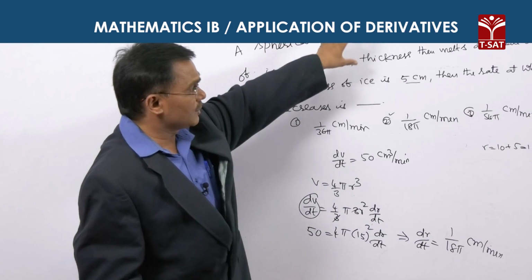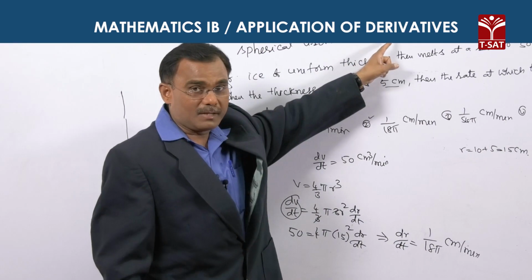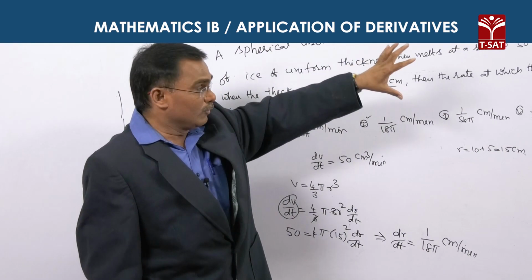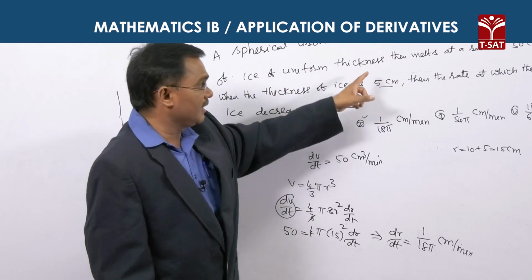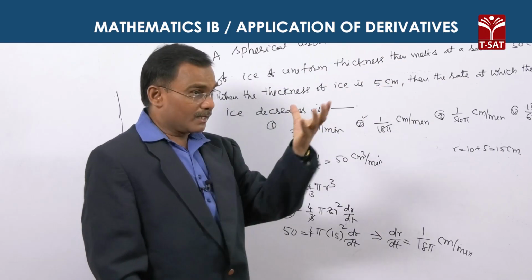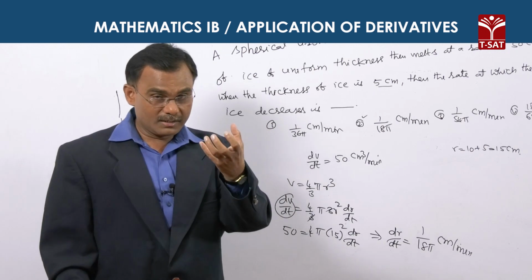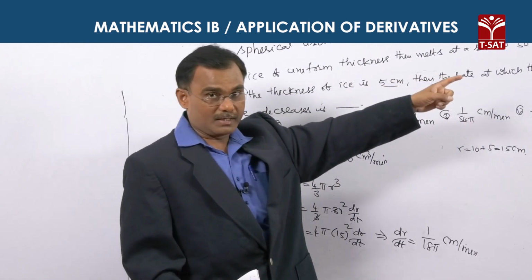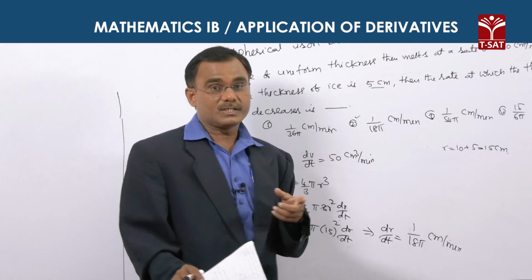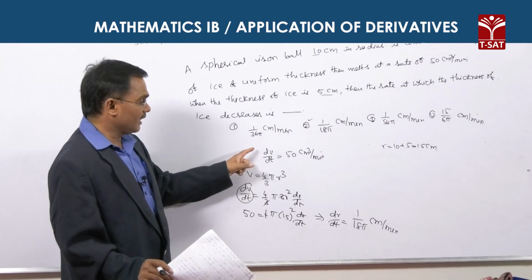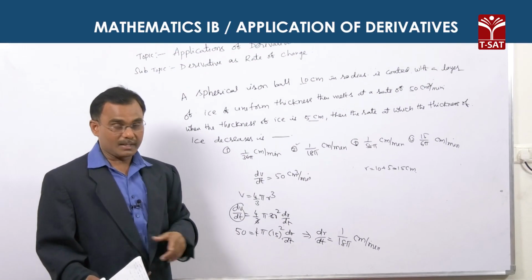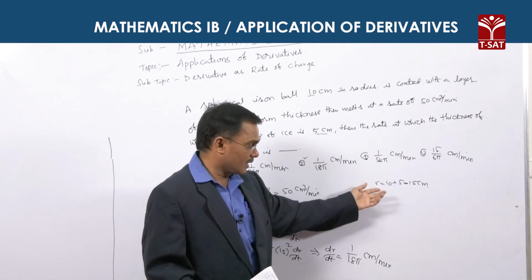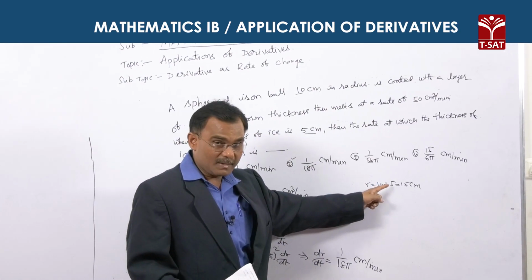Given a spherical iron ball with radius 10 centimeters, uniformly coated with an ice layer of 5 centimeters. The rate of change in volume is 50 centimeters cube per minute. Then the rate of change in radius is asked. So the rate of change in volume is 50, and the radius of the sphere is 10 plus 5, which is 15.